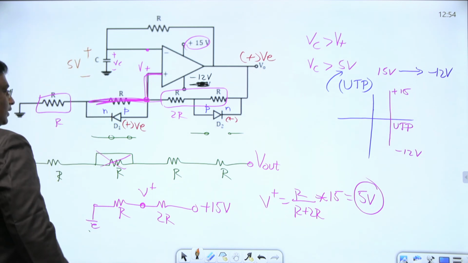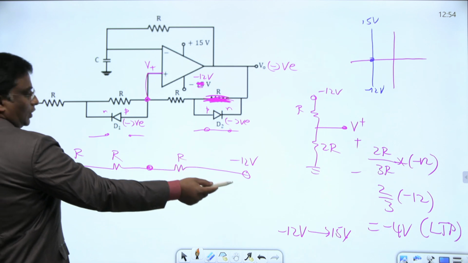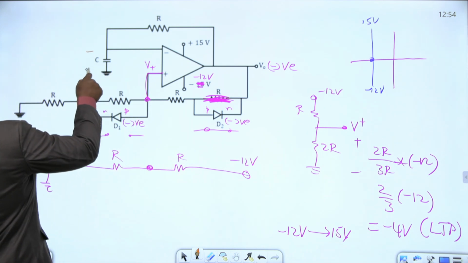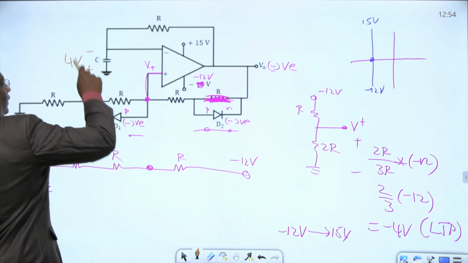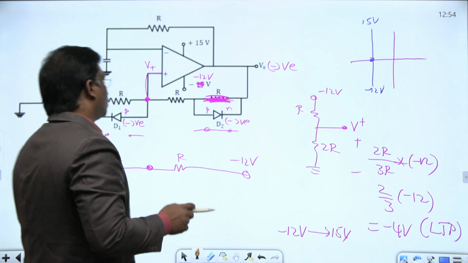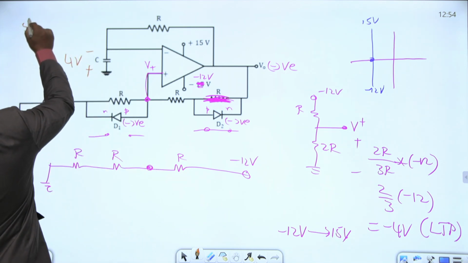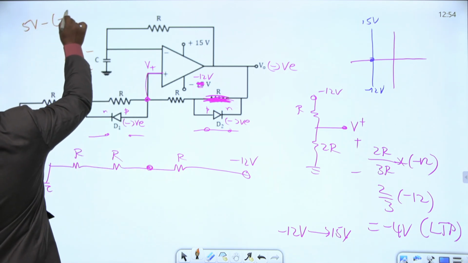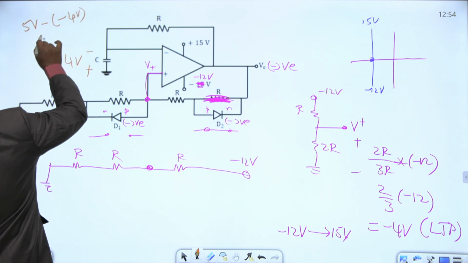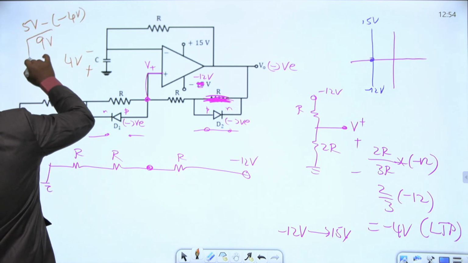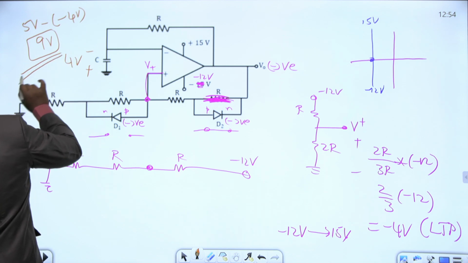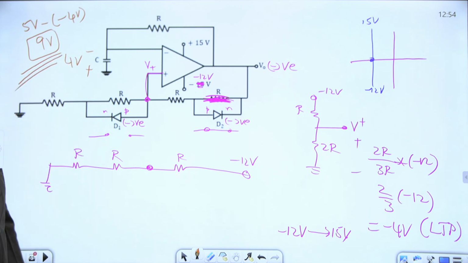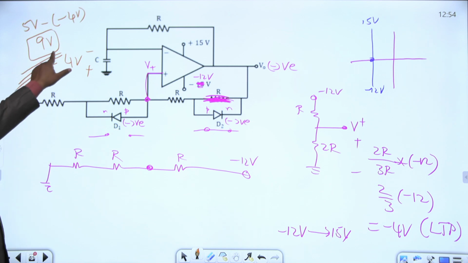In this case, the capacitor voltage reached minus 4 volts. What is the difference between these two voltages? 5 volts minus of minus 4 volts. What is the answer? 9 volts is the right answer for this question.